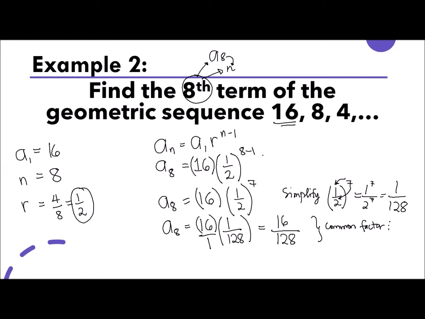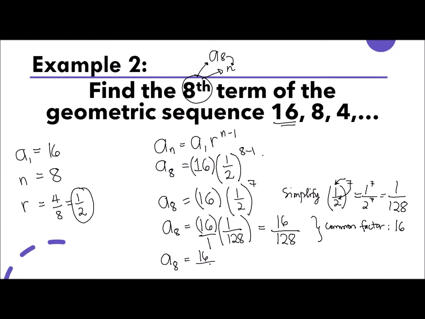So that we could get the lowest term. Okay? But if you do have a calculator which is not only one line, you can simply type it in, and then once you click the equals, magbibigay agad yun ng lowest term. So the common factor there is 16. So if that's the case, we're going to simplify it.